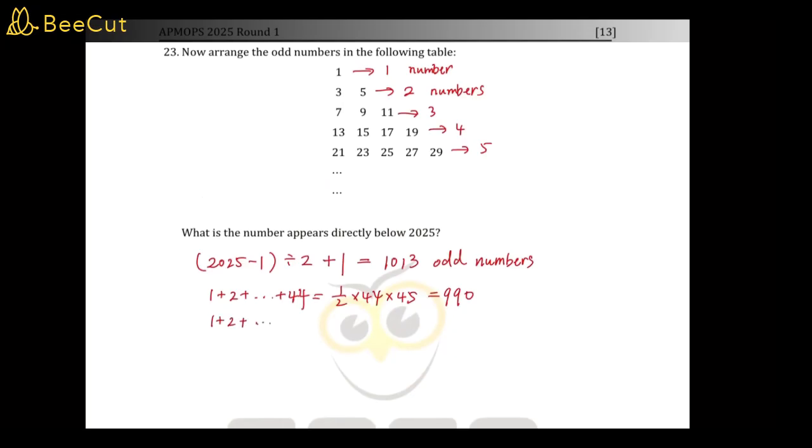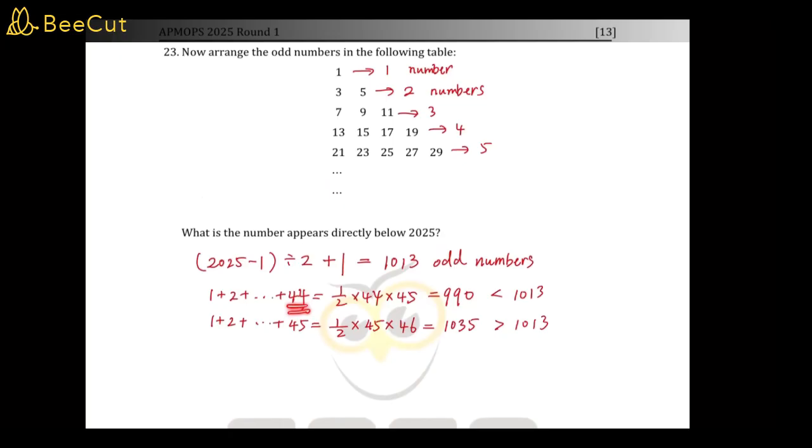And if you add from 1 to 45 together, this will be half times 45 times 46. That's 1035. So the 1013 is between these two numbers. 990 less than 1013. 1035 is greater than 1013.